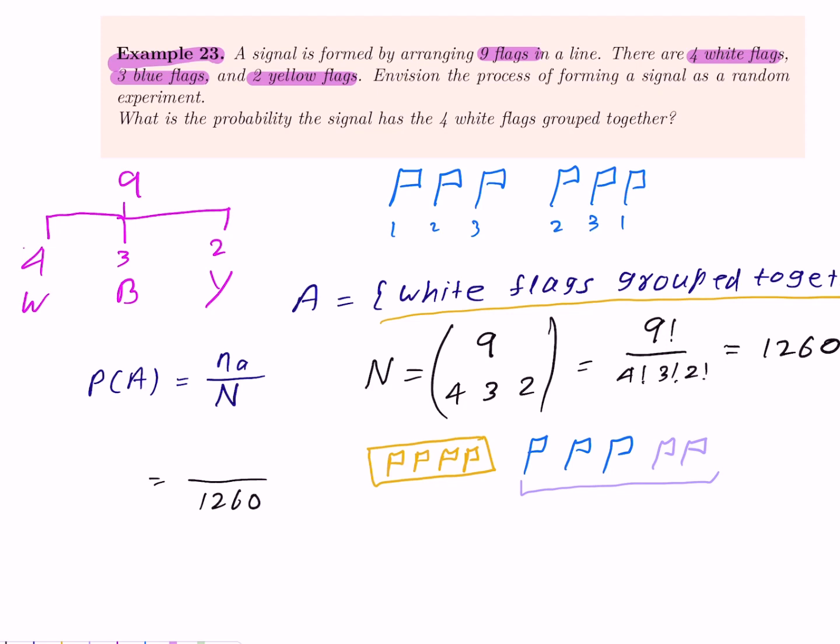Using these 5, you can make 5 factorial over 3 factorial, 2 factorial, because they are 3 blue and 2 yellow. Simplifying this, 5 times 4 is 20, divided by 2, that is 10. Okay, right. Now how about this case?